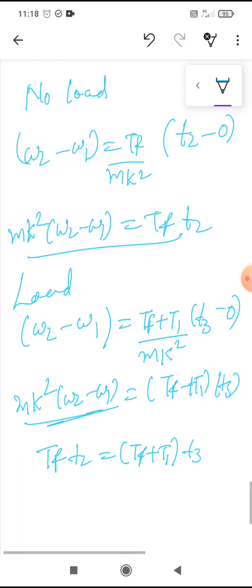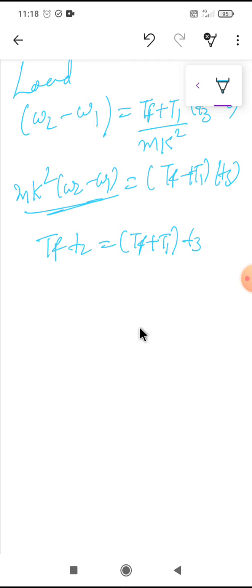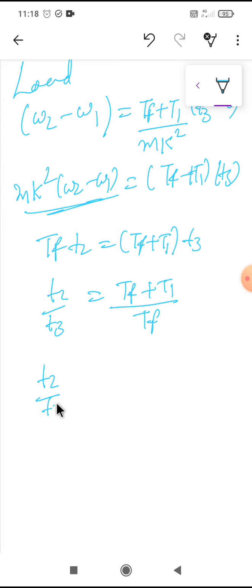Now we'll bring torque on one side and time on the other side. So T2 by T3 is equal to Tf plus TL divided by Tf, which is Tf upon Tf plus TL upon Tf.